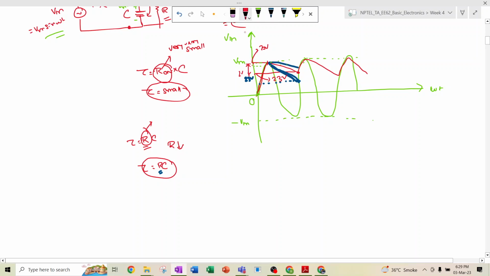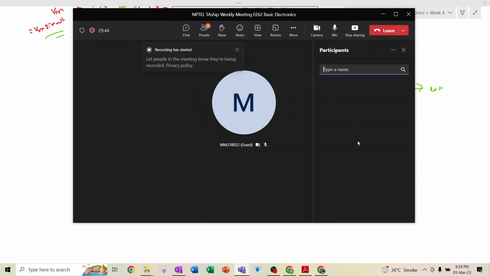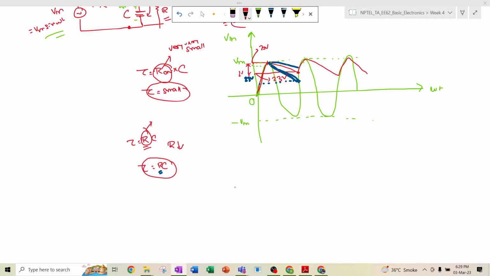Okay, so how should we proceed? So there will be some discharging of the capacitor.